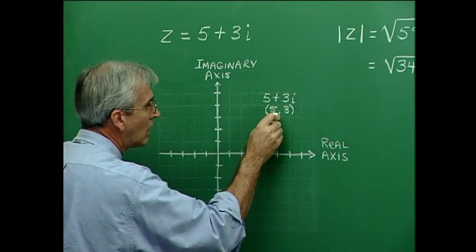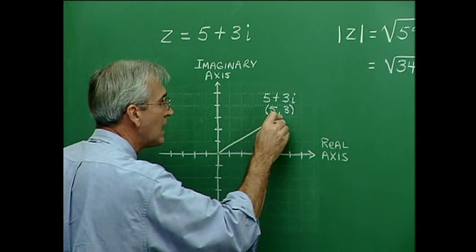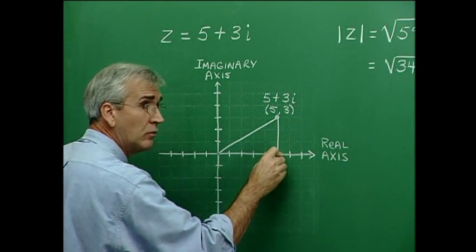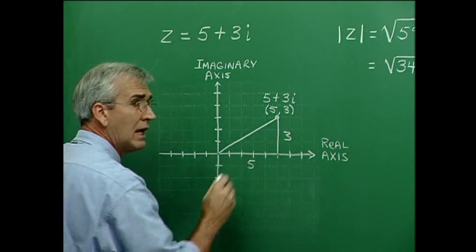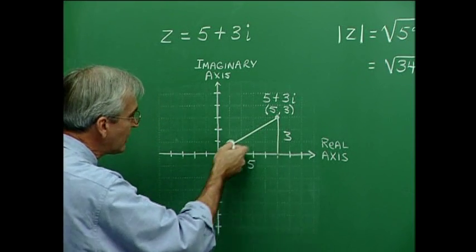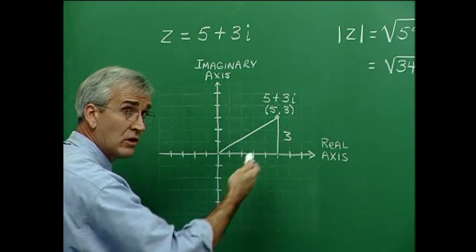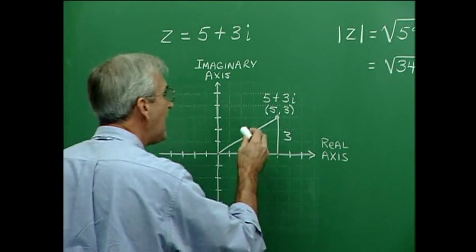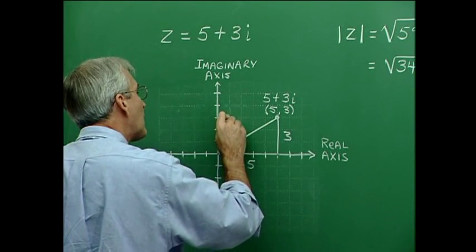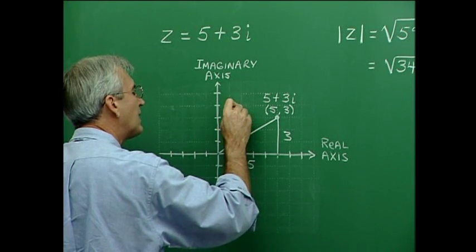Now, here's what we want to talk about as well. We want to think about the notion of distance from the origin. And to think about that notion, we're thinking about this distance 5 and this distance 3. And we know that this distance can be found by just taking the square root of the sum of the squares of those distances. And that's really what we're going to do here. Now, we're defining that distance to be the absolute value of the complex number that we're talking about.